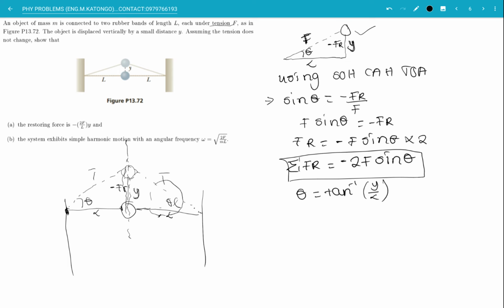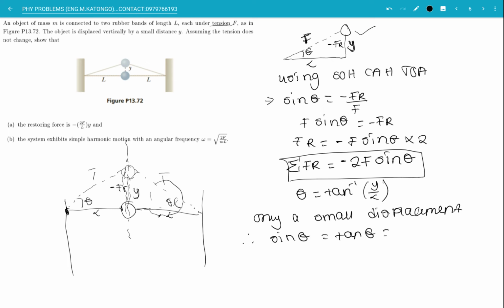And so, since this displacement shown is only a small displacement, we'll have our sine theta being equal to tan theta.